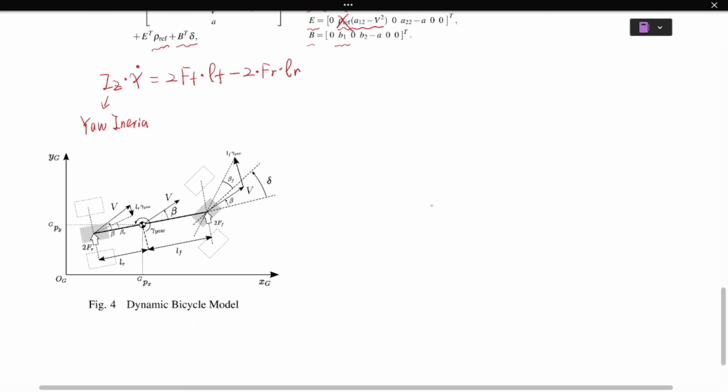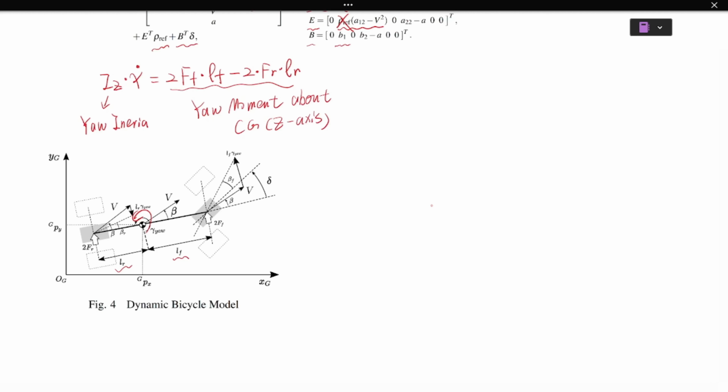Let's see in this diagram. Lf is the CG to the front axis, and Lr is the CG to the rear axis. This equation is the yaw moment about the CG, z-axis.